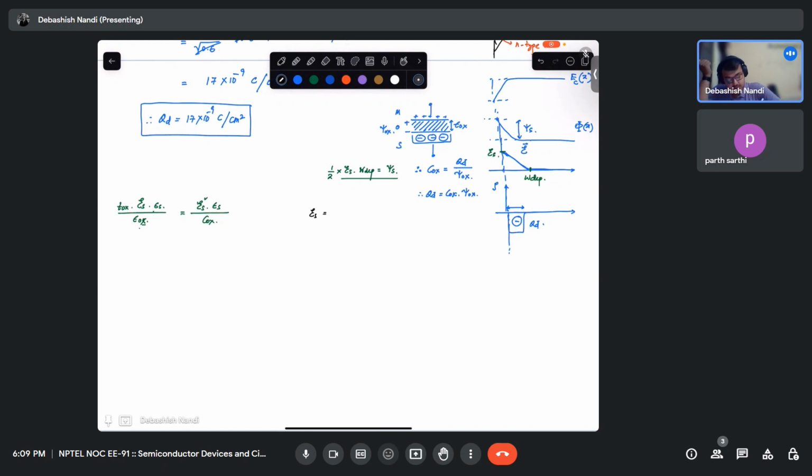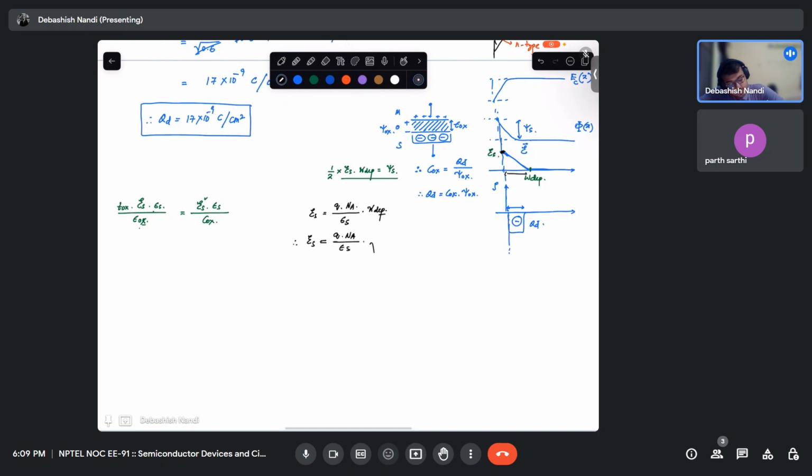Es will be nothing but your Q times Na by epsilon s times W depth. Fine. Do you agree with that? This is nothing but from Gauss law, right? Yes, sir. So if you agree with that, then this is Q Na times W depth over epsilon s.